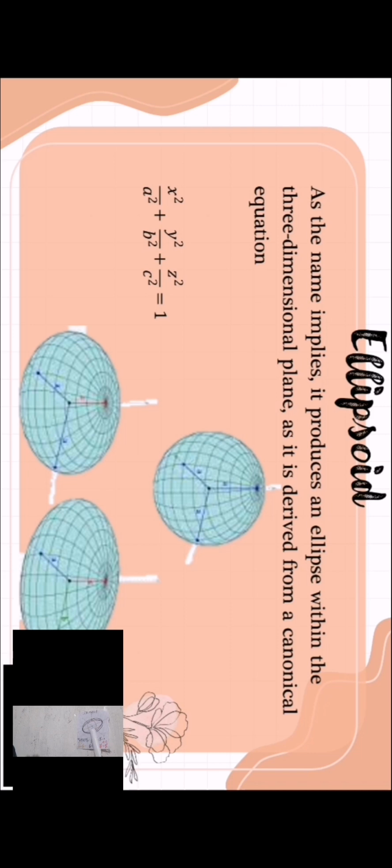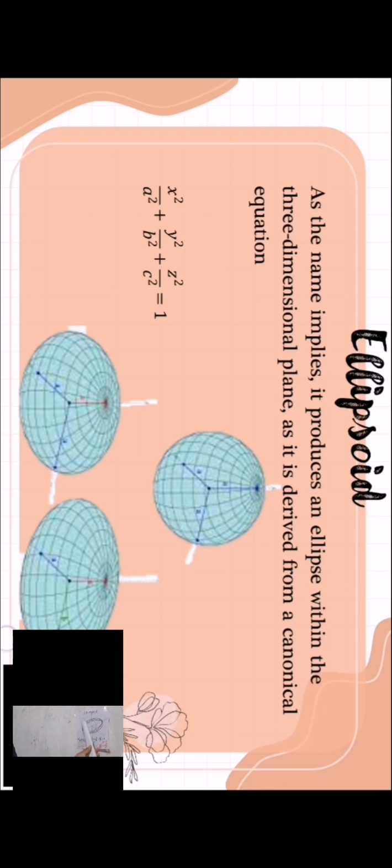This is the x equal to 0 trace, the yellow curve in the ellipsoid. The next case is y equal to 0, which gives the equation x squared over a squared plus z squared over c squared equal to 1.